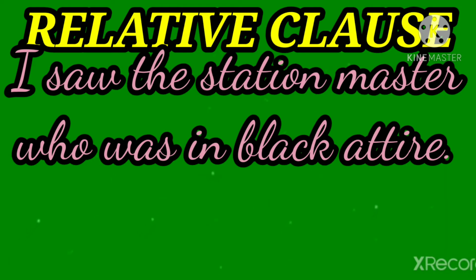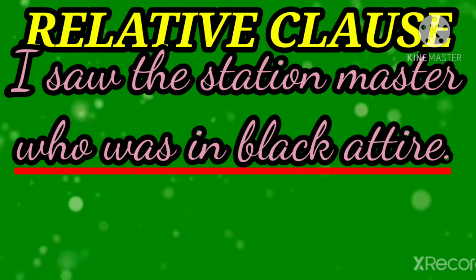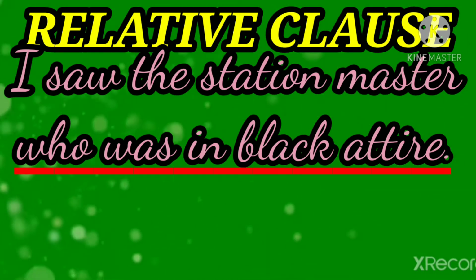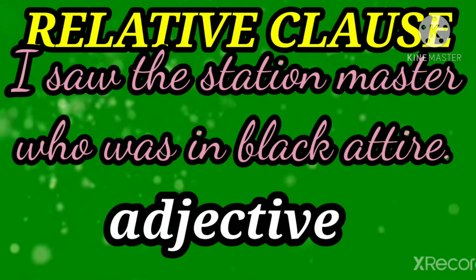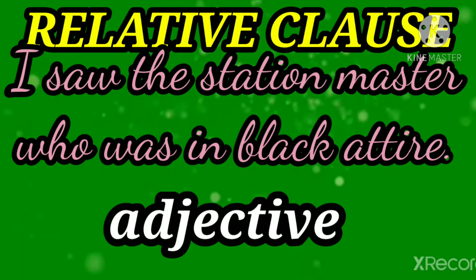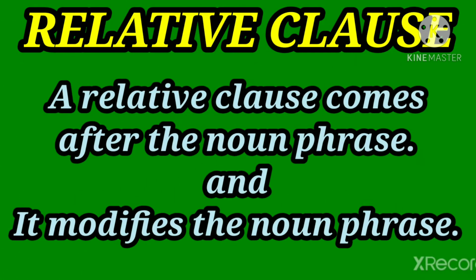So, I saw the station master who was in black attire is a complex sentence in which who was in black attire is a relative clause. The clause acts as an adjective. It comes after the station master, which is a noun phrase, and it modifies the same noun phrase.